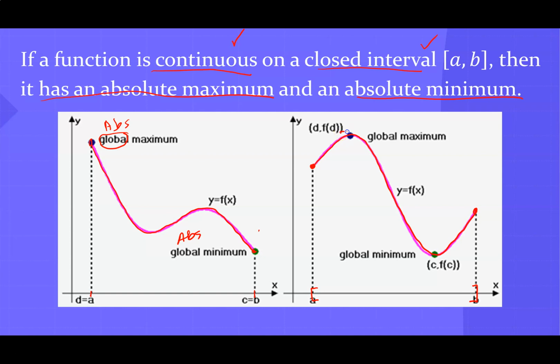So here is the absolute maximum, and here is the absolute minimum. Again, the extreme value theorem says that if a function is continuous in a closed interval, then it will have an absolute max and an absolute min.